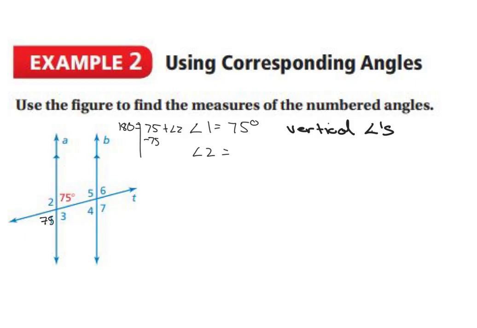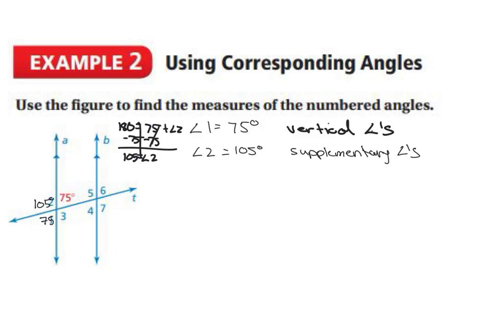So we take away 75 from both sides, and we get 105 degrees for angle 2. And that is because of supplementary angles. So this is 105.